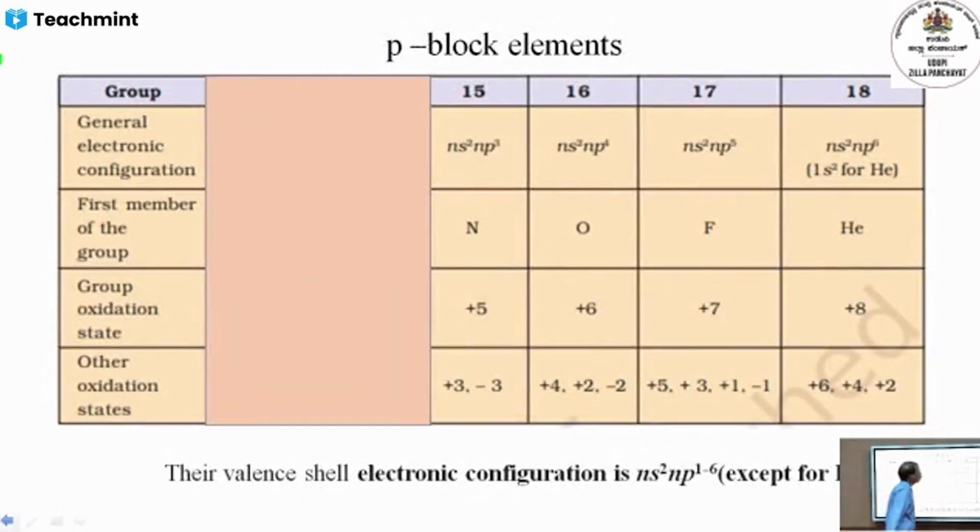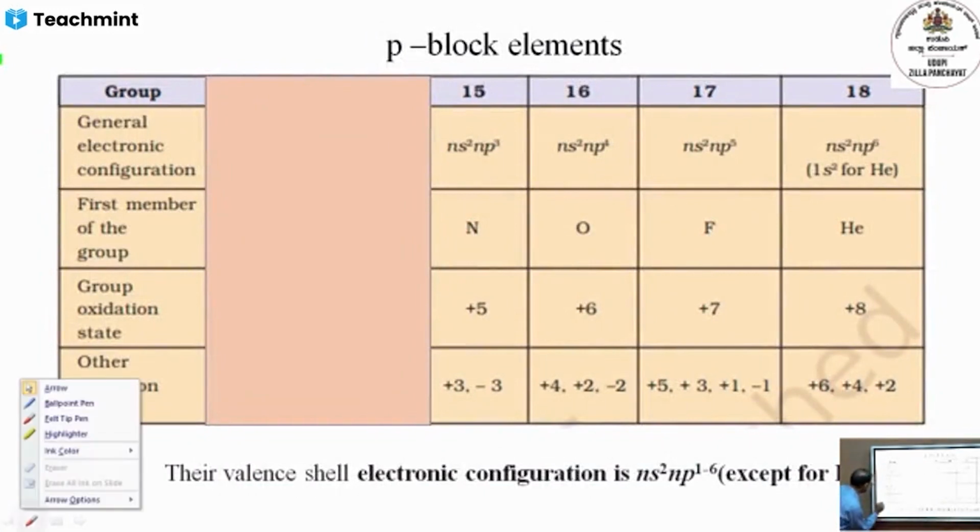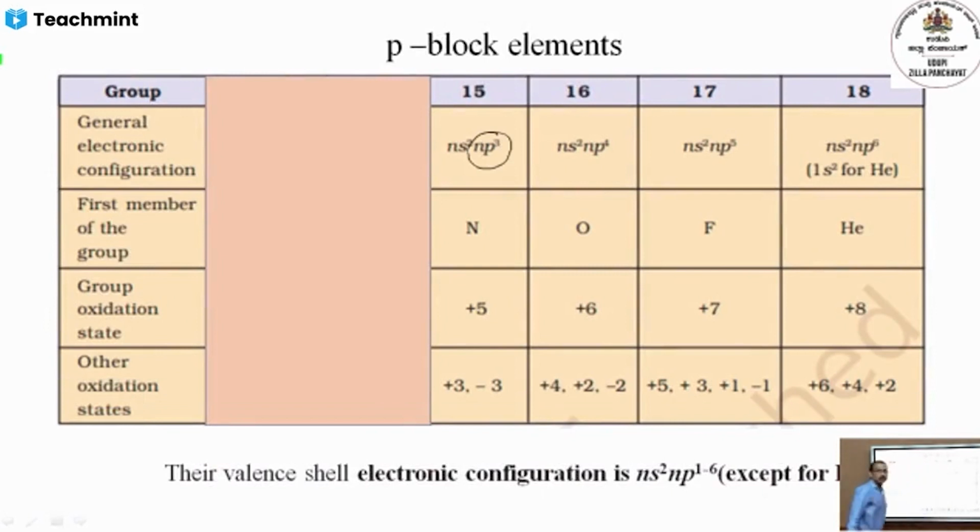So the p orbital is half filled here. Because of this p3 configuration, it is extra stable. We know that orbitals with a half-filled electronic configuration and a completely filled configuration are extra stable, and therefore this accounts for the extra stability of the nitrogen family.